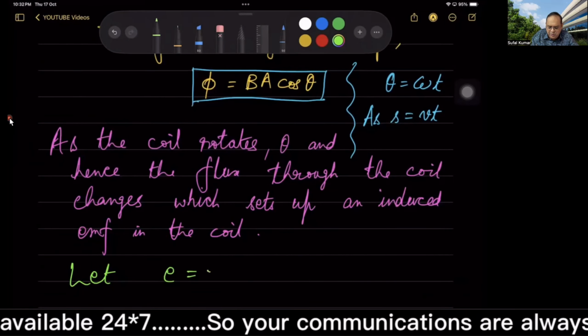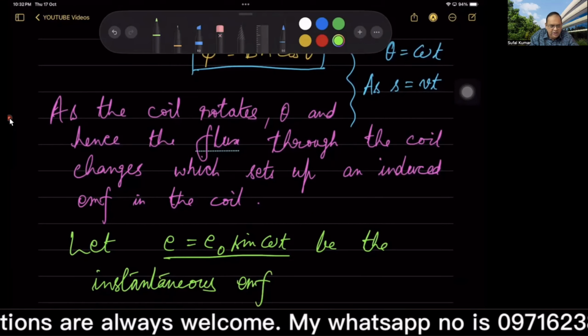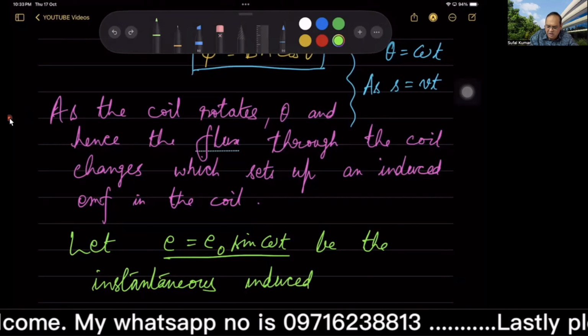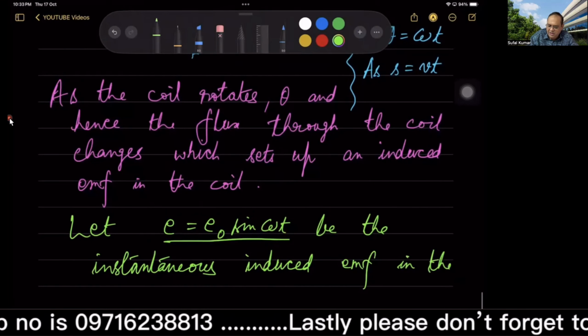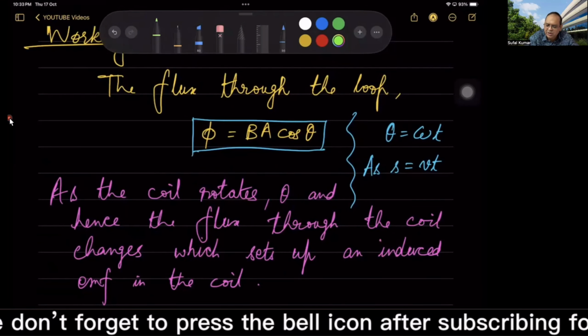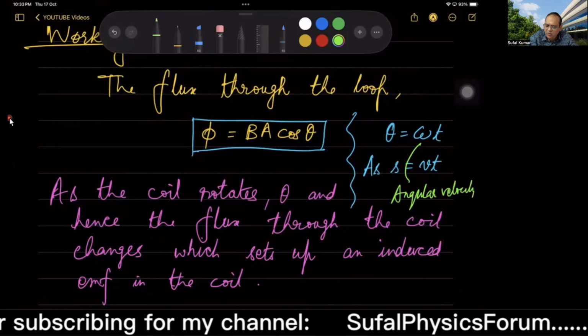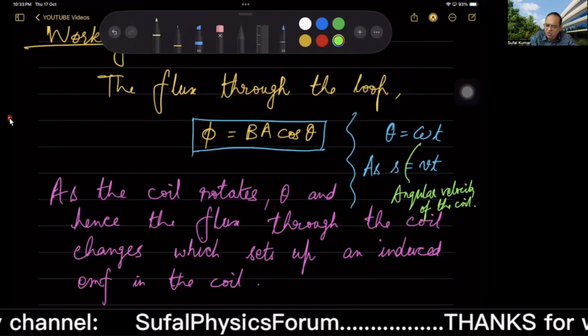E is equal to E naught sine omega t, the instantaneous induced EMF in the coil. Here theta is equal to omega t, where omega is the angular velocity of the coil.